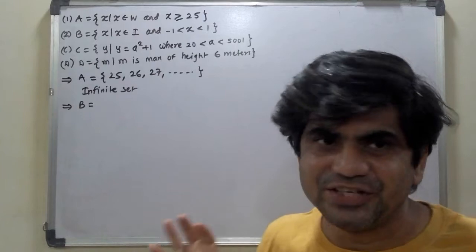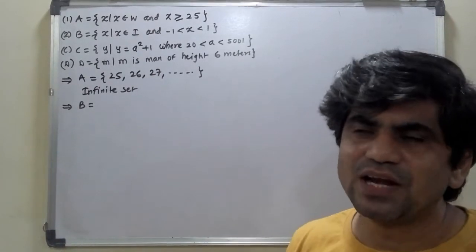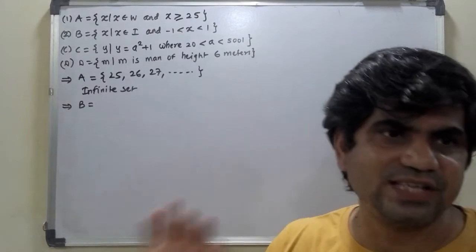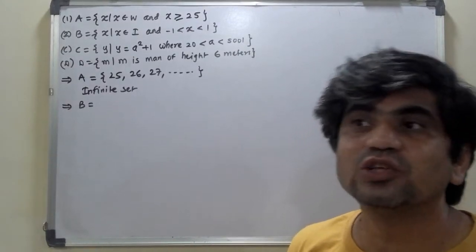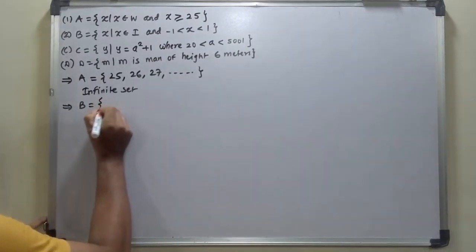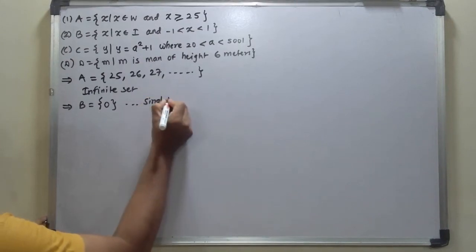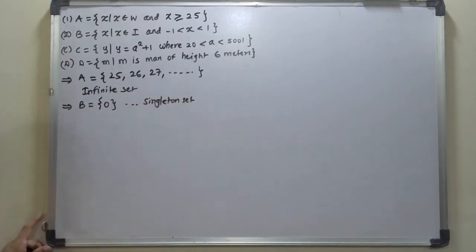It is an integer which is greater than -1 and less than 1. Less than 1 is 0 and greater than -1 also is 0. So your set B contains the element 0. So it's a singleton set. Correct? Yes or no?